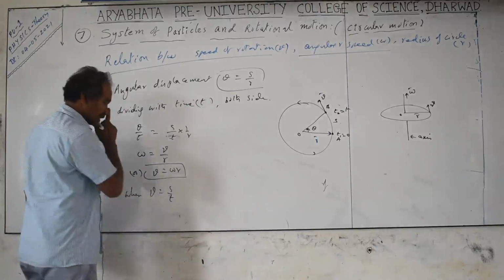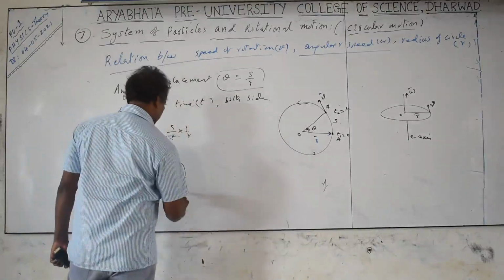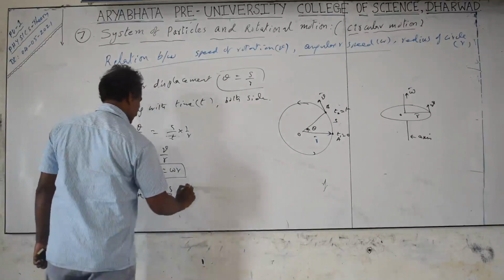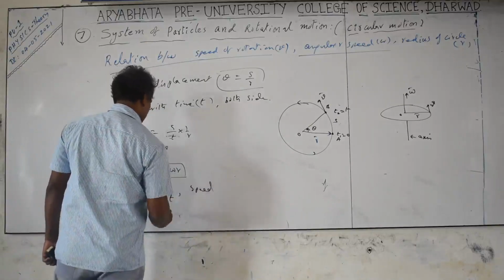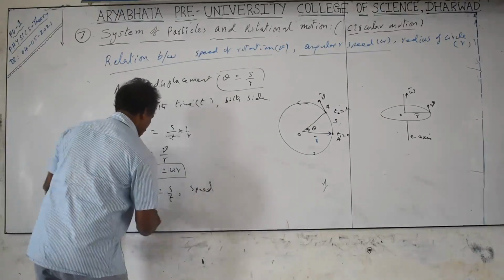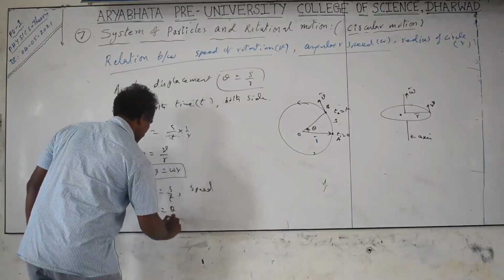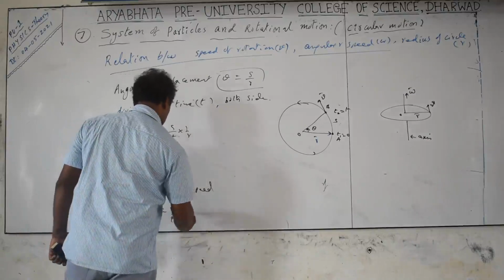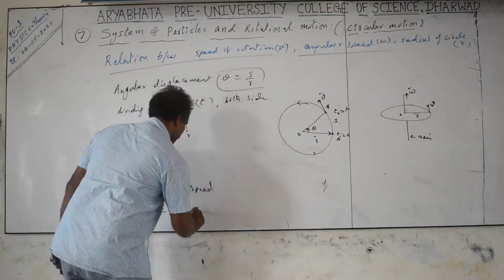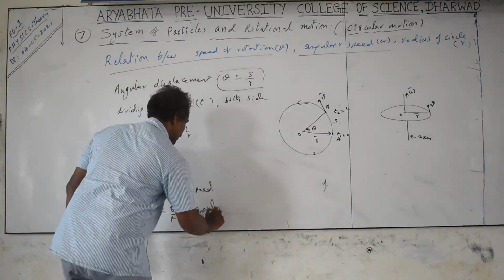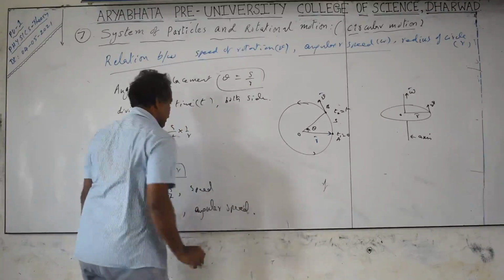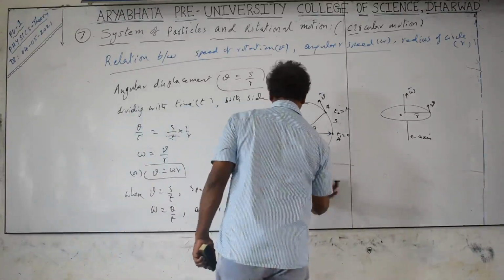where v equal to s by t, that is distance travelled per time, is the speed, and omega is equal to theta by t, angular speed. And what is S here?